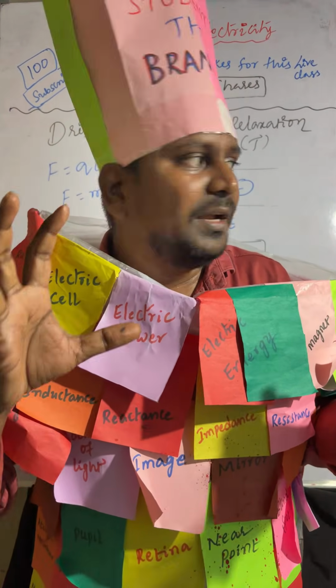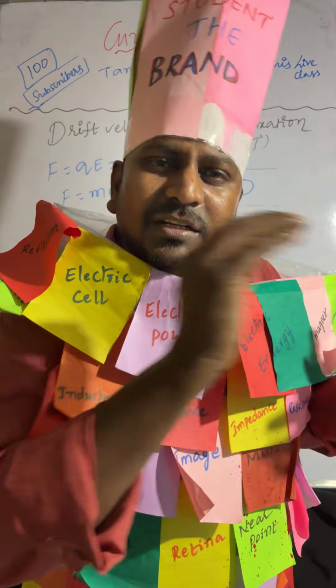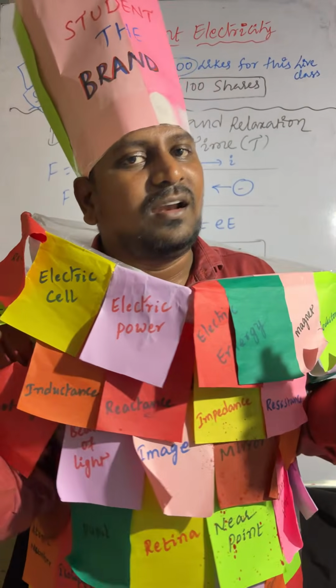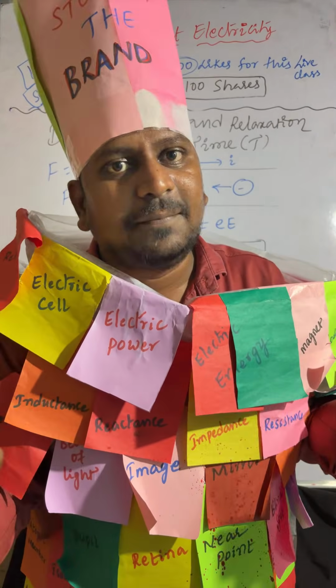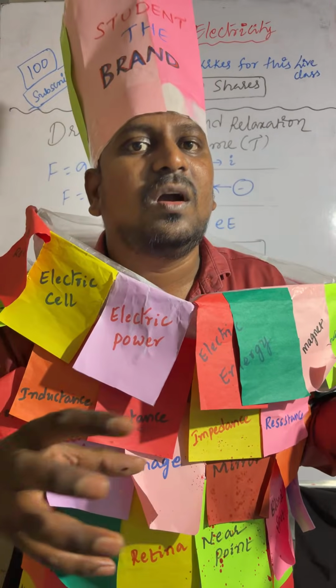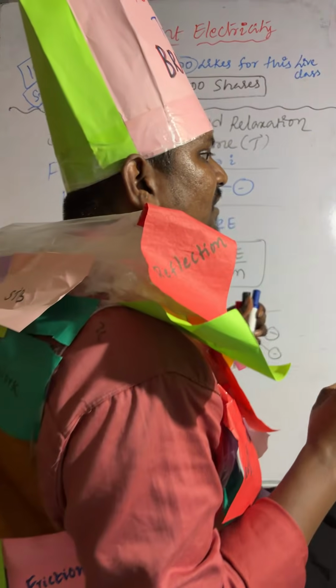Immediately after one collision, it's not going to hit another, right? It will take certain time to hit another electron or ion in the conductor. That time between two successive collisions is called relaxation time.